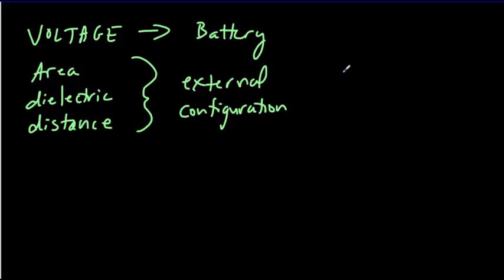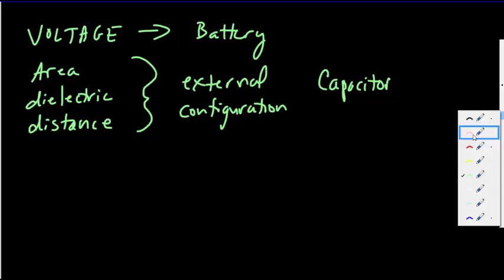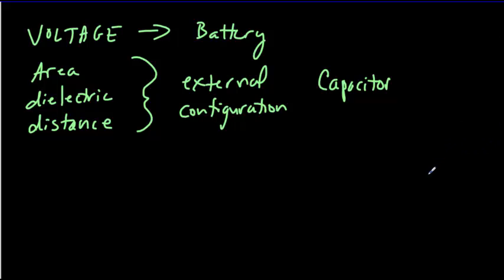And we call that external configuration the capacitor. So in our case, we had a parallel plate capacitor, but probably the most common type of capacitor is a cylindrical capacitor.